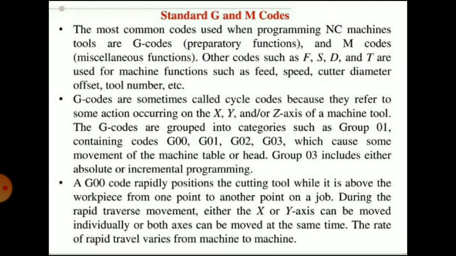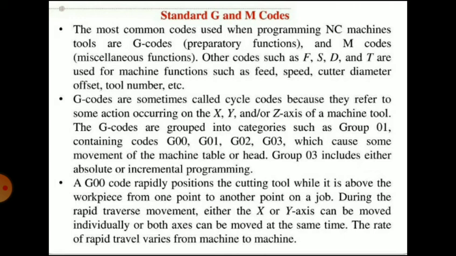Other codes such as F, S, D and T are used for machine functions: F means it is feed, S means it is speed, D means it is cutter diameter and cutter diameter offset, and T means it is a tool number, etc. So these are the G codes and M codes. Other codes F, S, D and T are the other codes that you have to specify in a block.